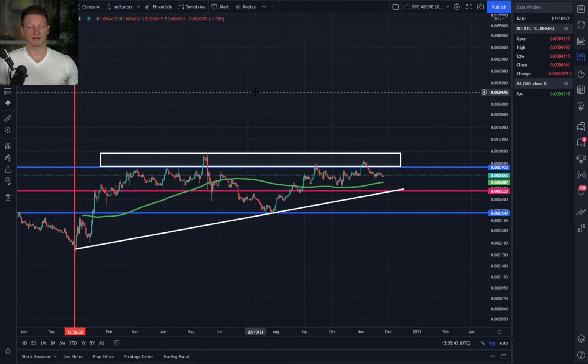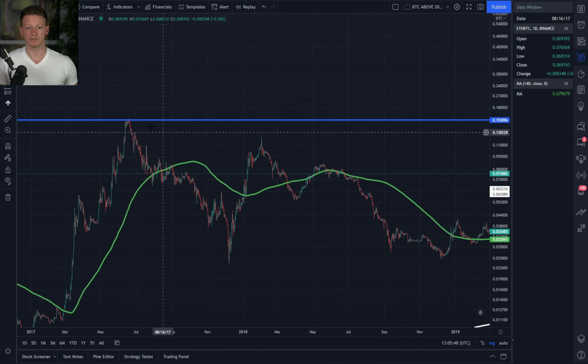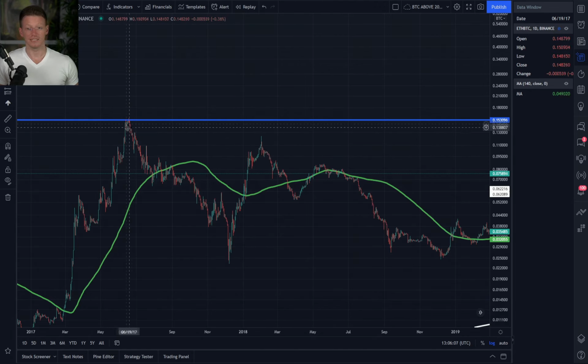In fact, you've seen a lot of altcoins do this in the past. Like we go back to Ethereum, when it hit its all-time high in 2018. Recall it was $1,200 right here, the first week of January 2018. But here, the ETH BTC valuation was higher. It was only worth $400.